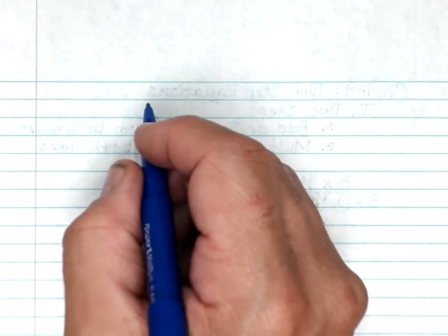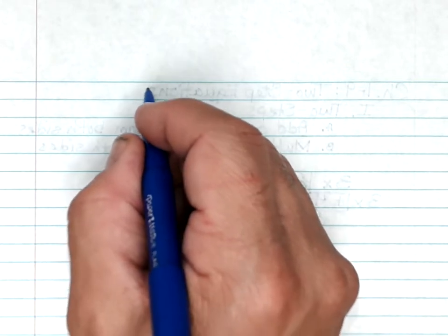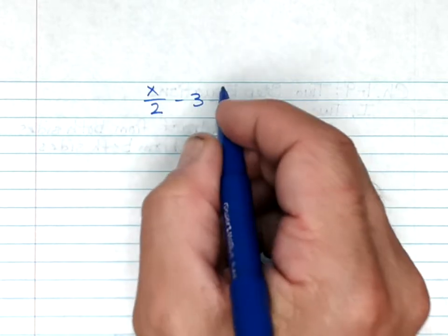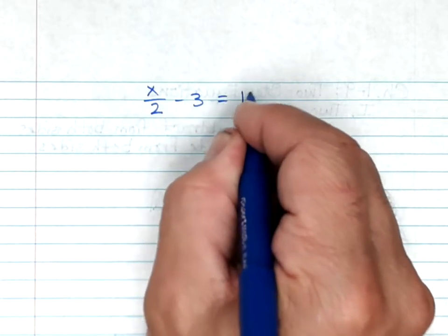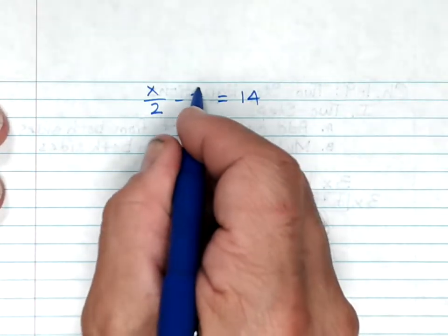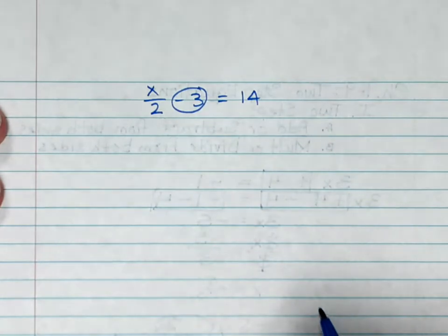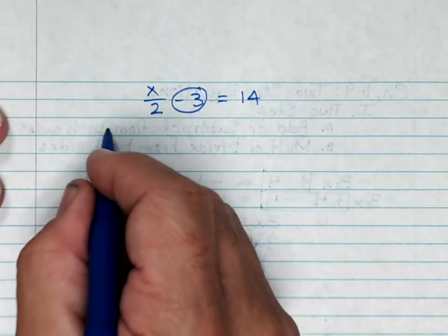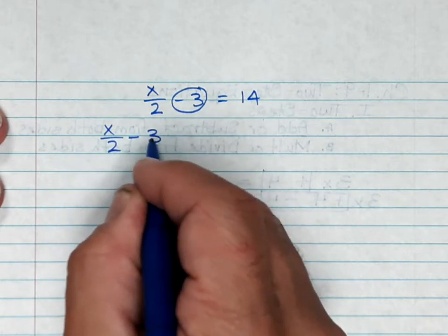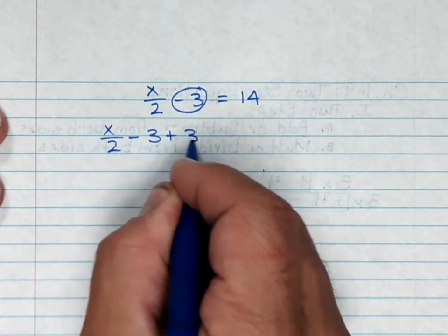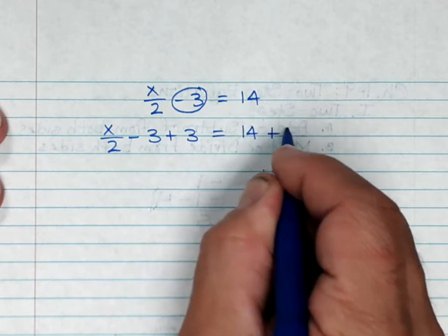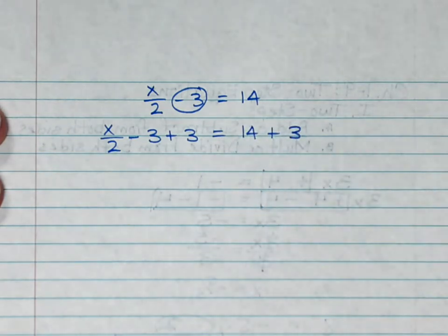Last one of that style of example, we have x over 2 minus 3 is equal to 14. So I'm going to do the opposite of this to both sides. I teach adding or subtracting as my first step because it is a simpler process for what we're doing right now.